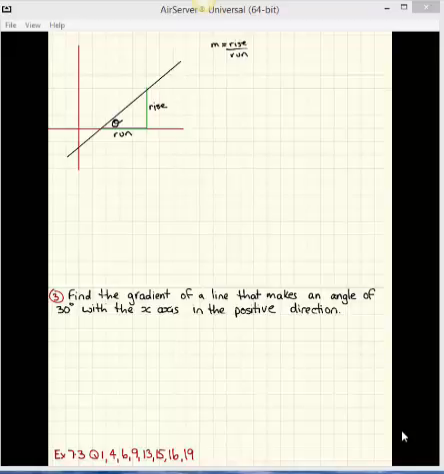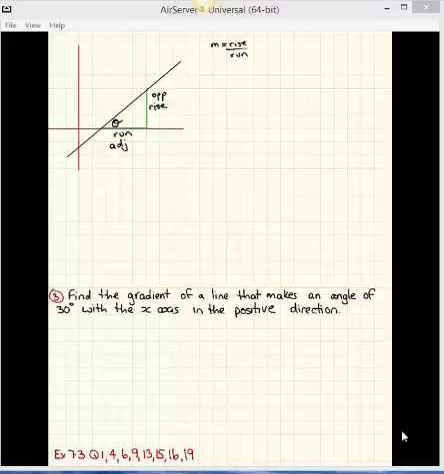Rise over run. If we call the angle that it's making with the x-axis theta, then what I have here on the side that says rise is the opposite side to theta, and run is the adjacent side to theta. Well, which trigonometric ratio uses the opposite and the adjacent?